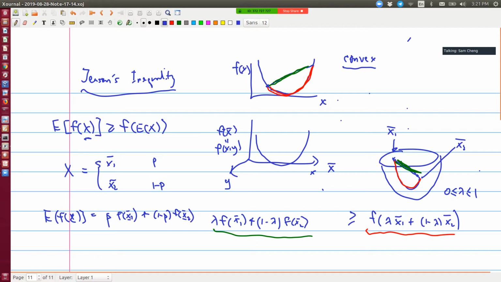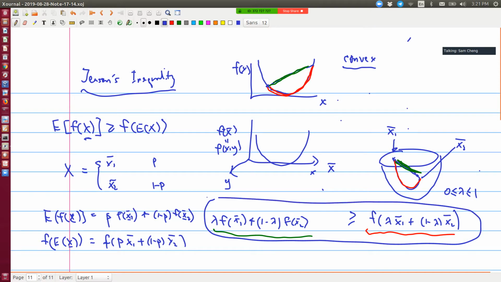And how about f of the expectation of x? The expectation of x will be p x1 plus 1 minus p x2, right? Because with probability p it is x1 and with probability 1 minus p it is x2, so that is this one, and f of this is that. So then you see that this is bigger than this, which is just the definition of convexity.